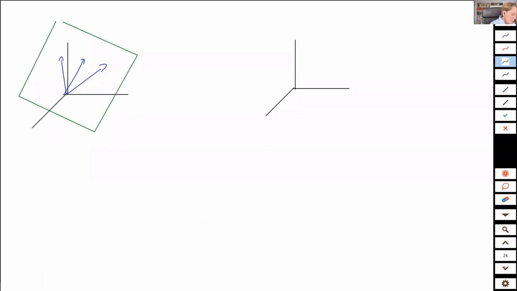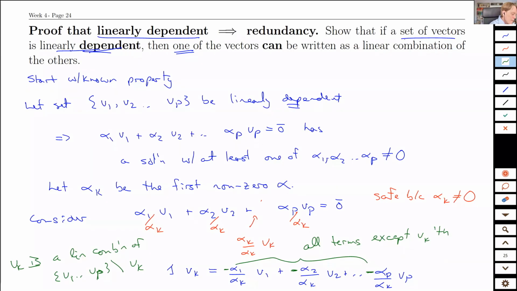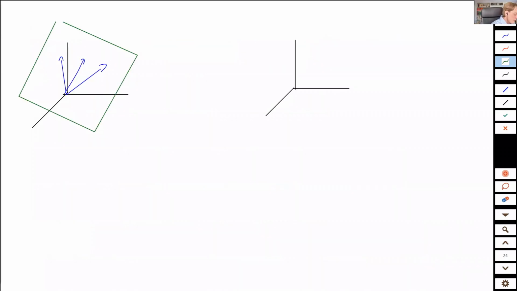Then what we just said in this theorem was, if a set of vectors is linearly dependent, so these ones in a plane are, then one of the vectors can be written as a linear combination of the others. And we can almost see this middle one here. If I took half of this first one and half of this other one, I can get the third vector in the middle there. There's other possibilities in this particular case, but at least one of them can be written as a linear combination of the others.